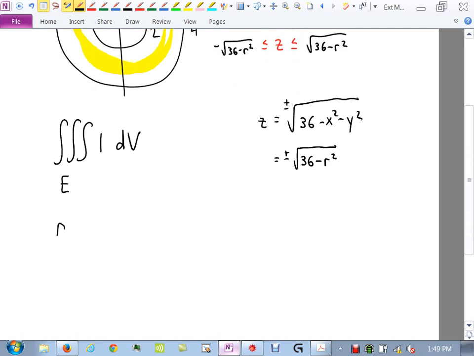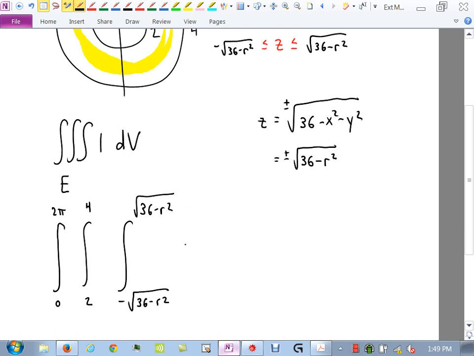So this becomes 0 to 2 pi, 2 to 4, and then negative root 36 minus r squared, positive root 36 minus r squared of 1, and then what? We are in cylindrical coordinates, right? Which means we have to include that r.